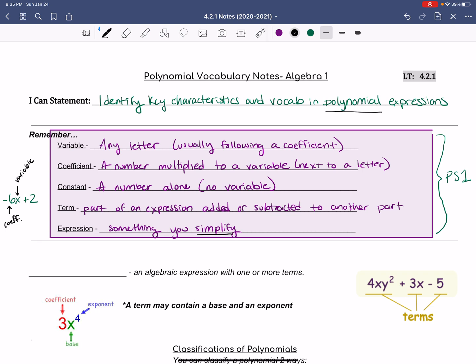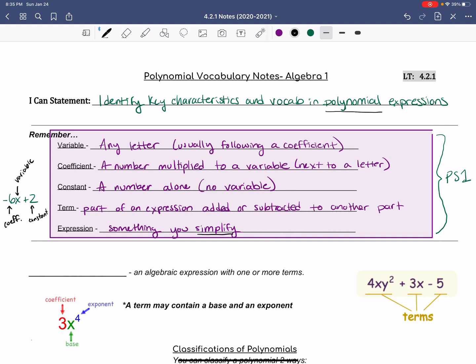All right, our third review vocab is constant. This is any number all by itself, and there is no variable next to it. So in our example over to the left, plus 2 or positive 2 is our constant. And then lastly, one of the big confusing vocab words for a lot of students is this word term.